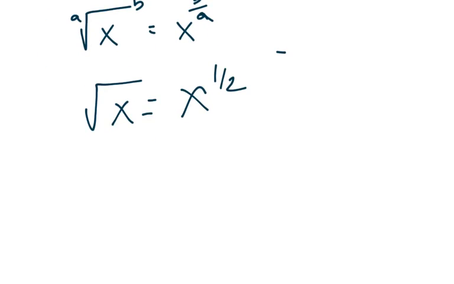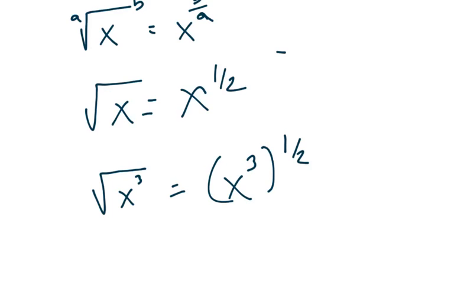Or if we take the square root of something that has a visible exponent, let's say something like this, it would be the inside raised to the 1/2, or simply x to the 3/2, right?